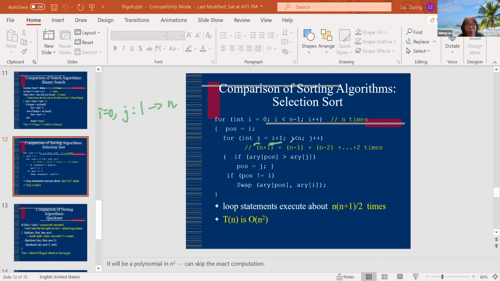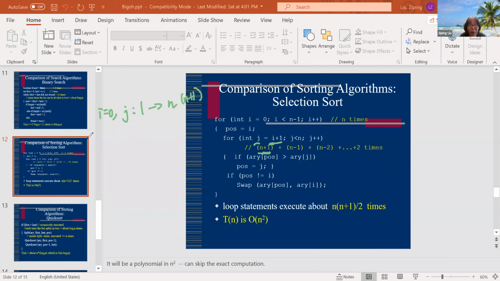So totally how many times? It's until n plus 1. So that's how we come up with this number.